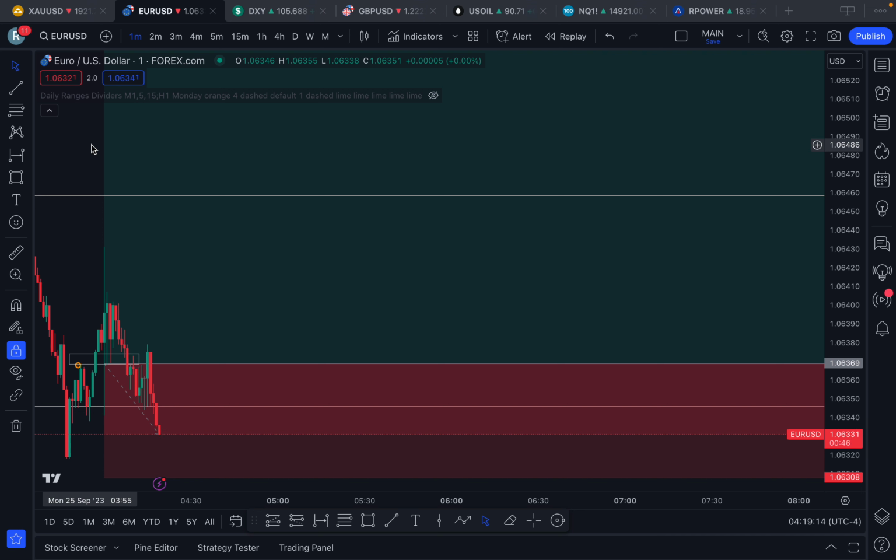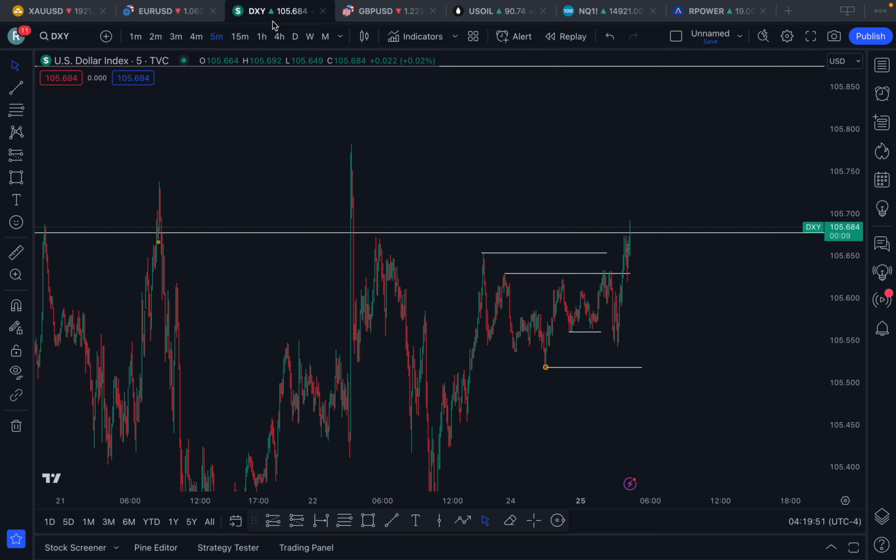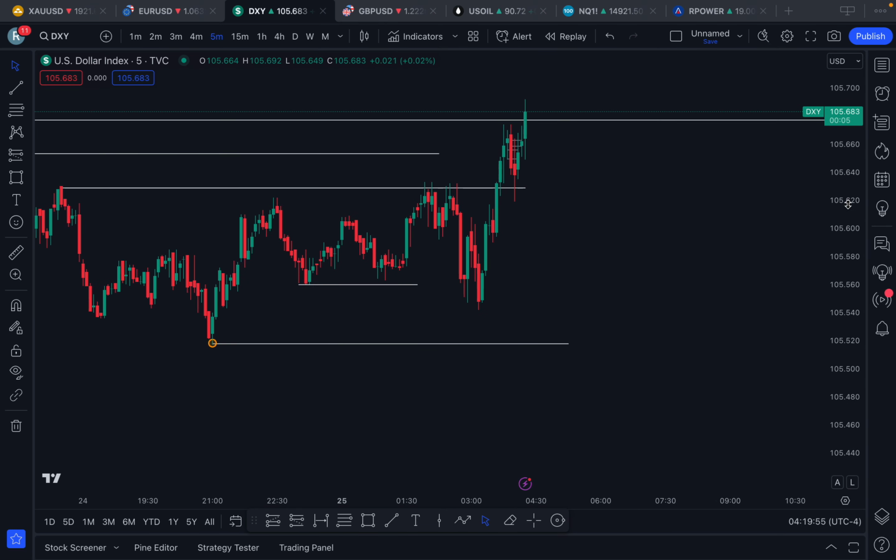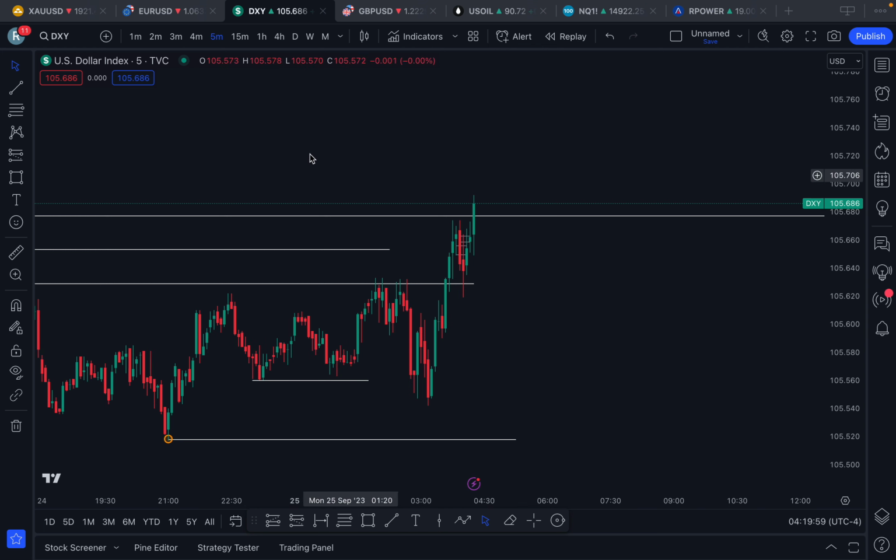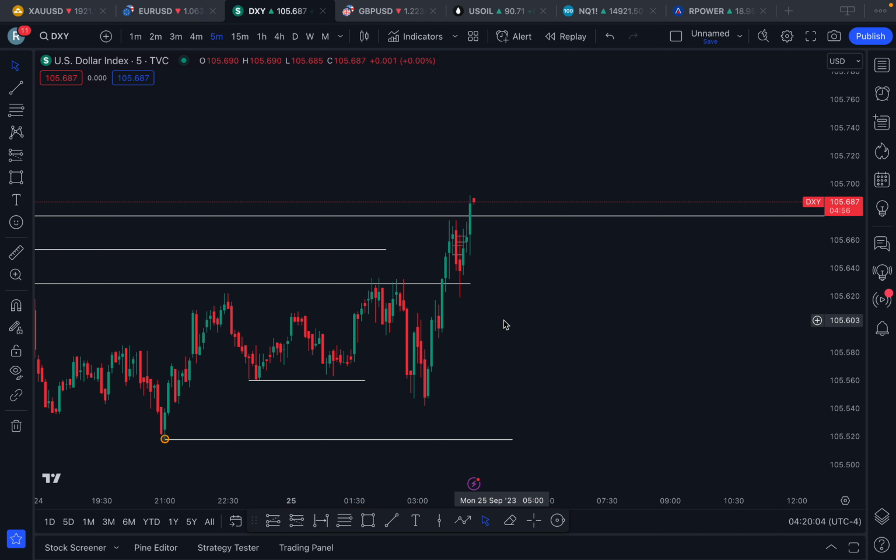Maybe I will get stopped out today. So as dollar is going up, euro is struggling to go down, but if dollar comes down even by a little bit, euro just rallies by a lot greater margin.